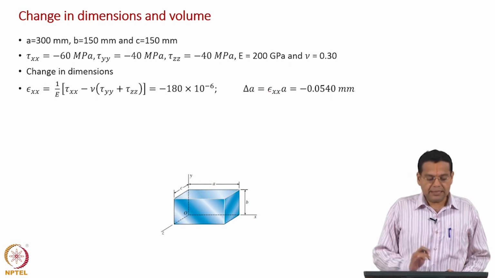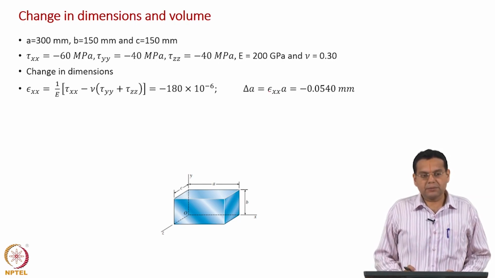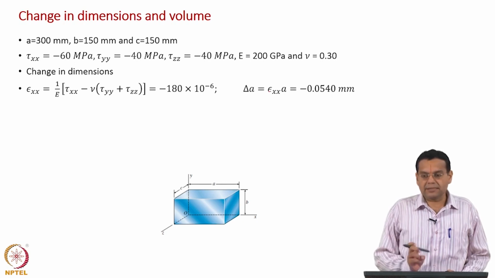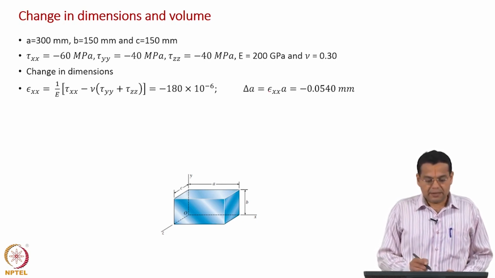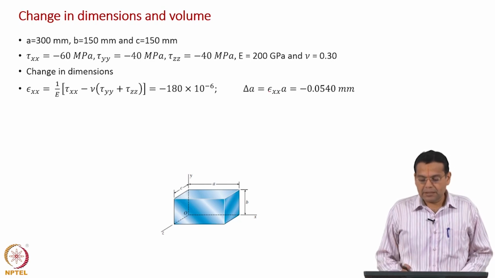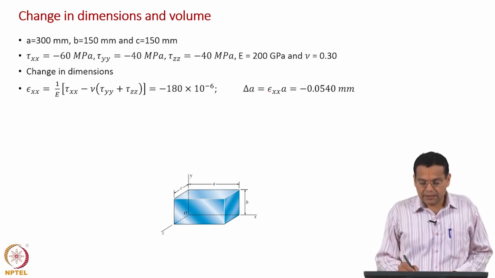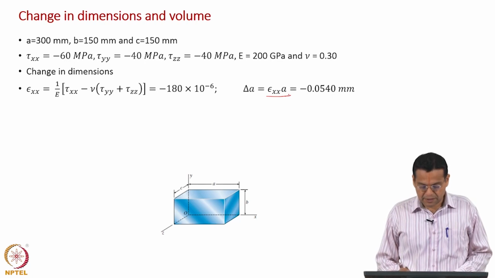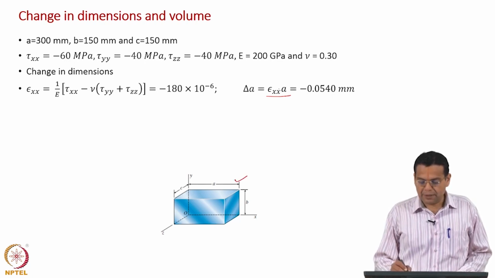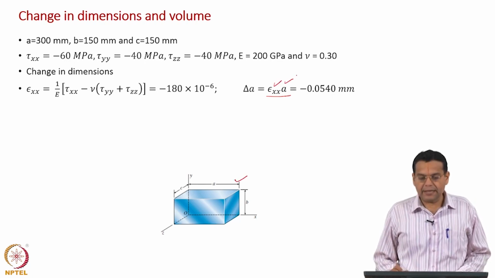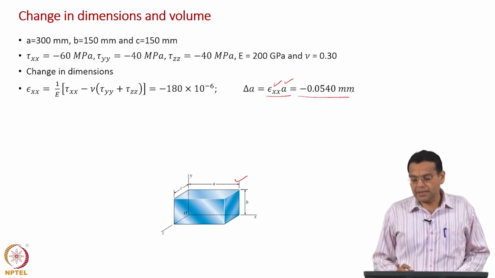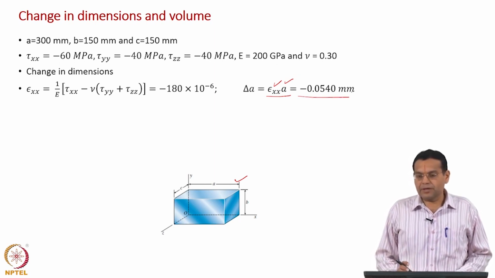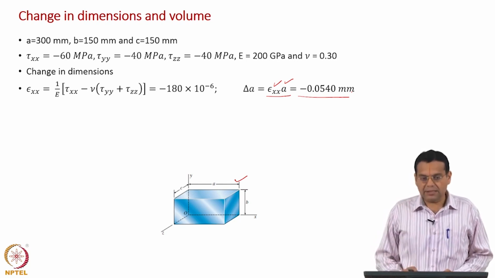Of course, all the stresses are compressive, we have a contraction in the dimension, and to find out the decrease in the length we will have to multiply epsilon xx with the dimension. So, the dimension along x direction is a. So, we multiply epsilon xx with a to get minus 0.054 mm. Okay. That is the decrease in the dimension along the x axis.